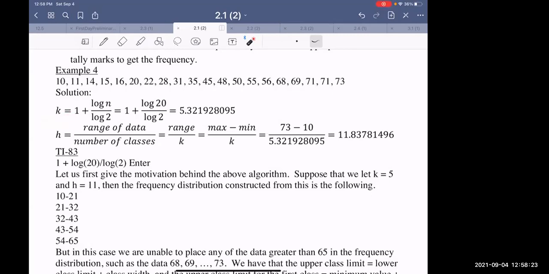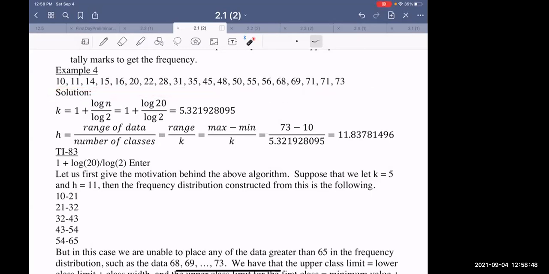I want to find K. Remember, K is the number of classes. So I want to first figure out the number of classes, again using Sturge's rule: 1 plus log n over log 2. So I have to figure out n.